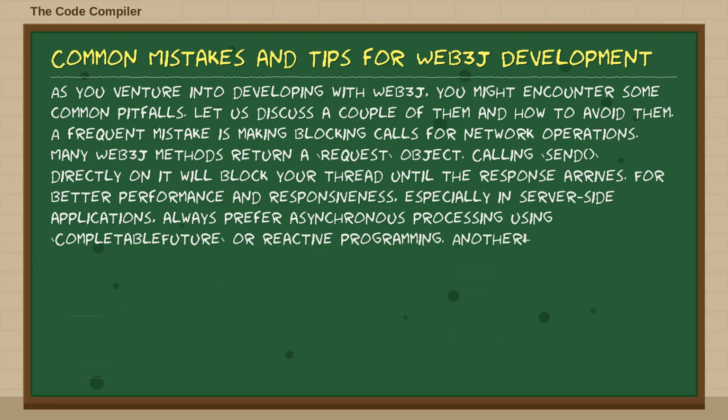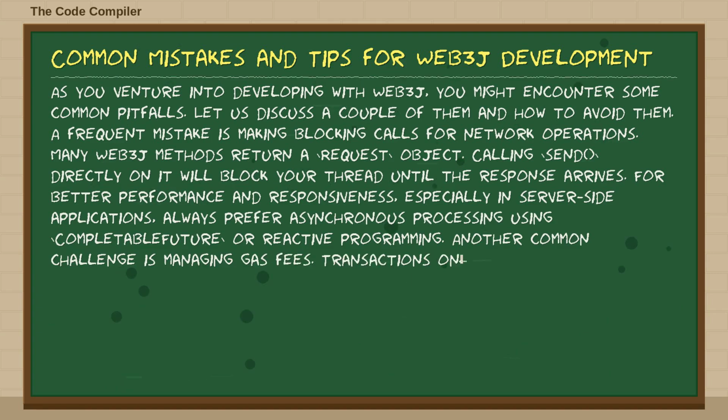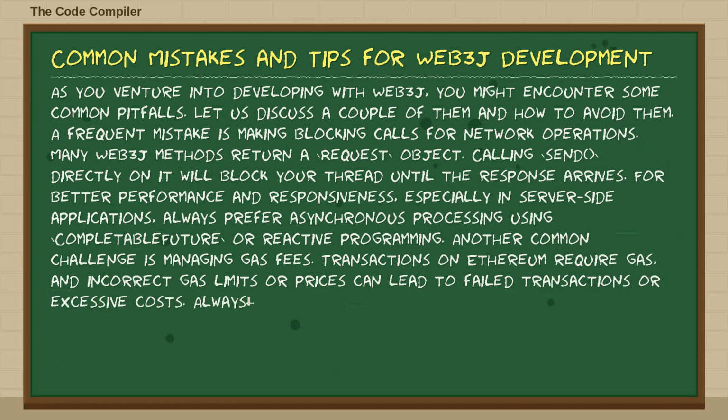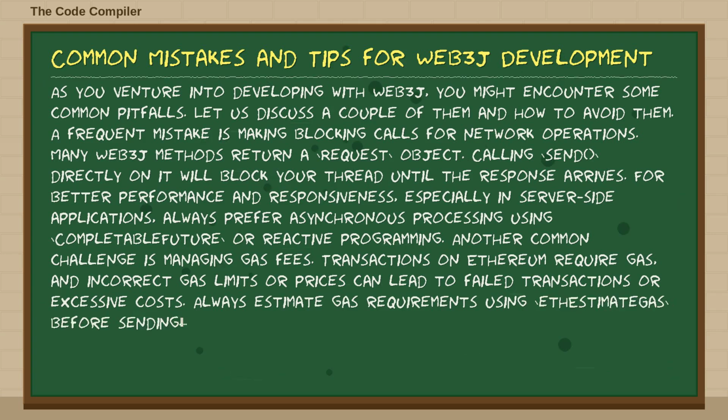Another common challenge is managing gas fees. Transactions on Ethereum require gas, and incorrect gas limits or prices can lead to failed transactions or excessive costs. Always estimate gas requirements using EthEstimateGas before sending a complex transaction.